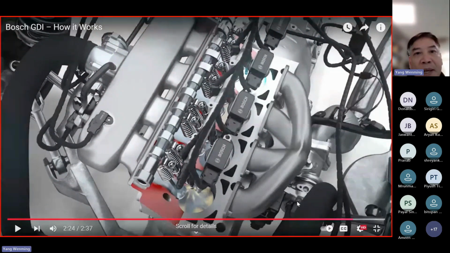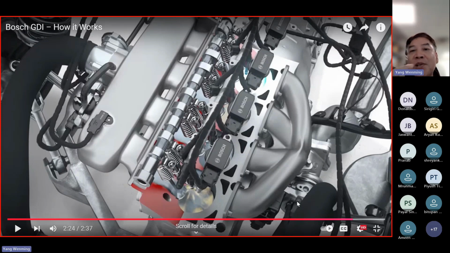Okay, so in this video, I will show you how the GDI engine works. In this GDI engine, the fuel injection is through high pressure fuel injectors, correct? So it's quite similar to diesel engines.